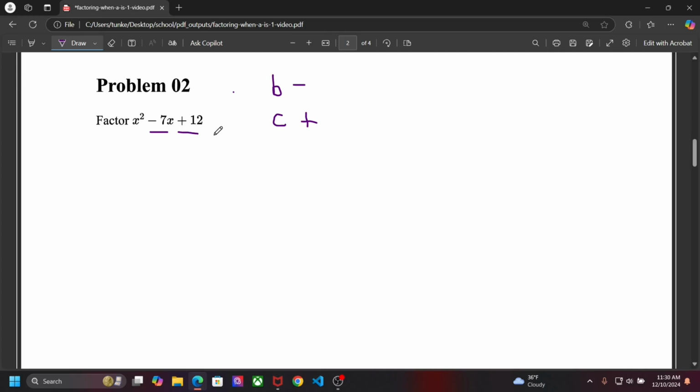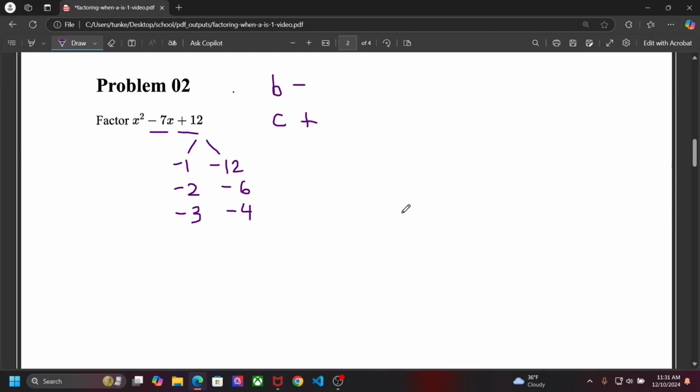So I can shortcut my method here. Instead of listing out all the positive and all the negative factors, I can just list out the negative factors of 12. So I'll do negative 1 and negative 12, then negative 2 times negative 6, and then negative 3 times negative 4.